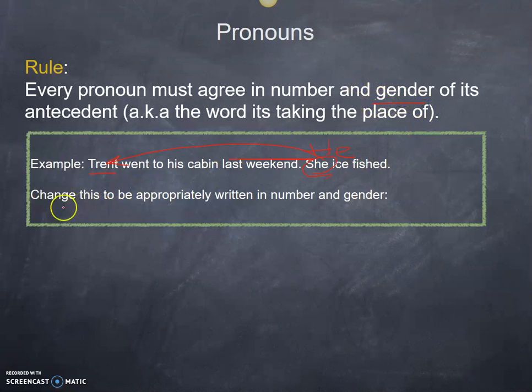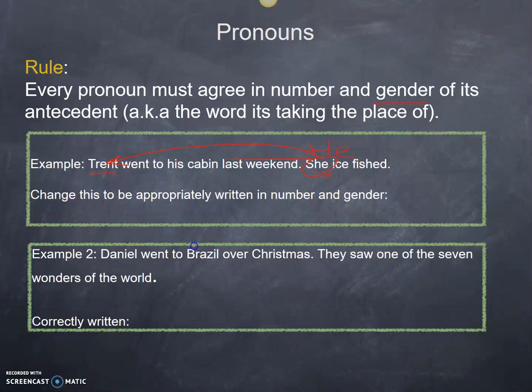Let's look at the next one. Daniel went to Brazil over Christmas. They saw one of the 7 wonders. So we have this noun, Daniel, and we have this pronoun, they, and they is supposed to be taking the place of Daniel. But there's a problem. Daniel is one person.